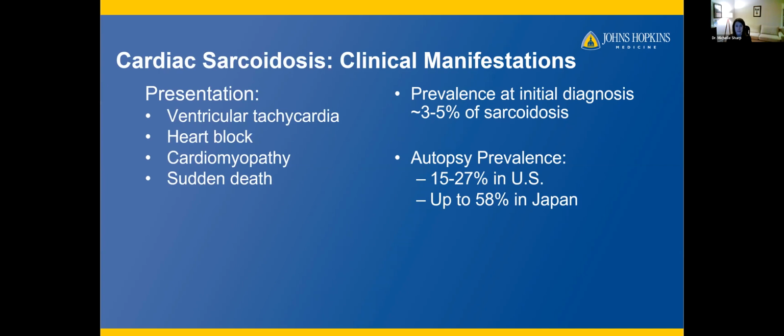That can often make you dizzy or feel really bad and pass out. And then cardiomyopathy, which is heart failure that you can get from sarcoidosis inflammation. And then sudden cardiac death is a risk of cardiac sarcoidosis, which is often why some patients, if they have bad rhythms, will get a defibrillator placed.